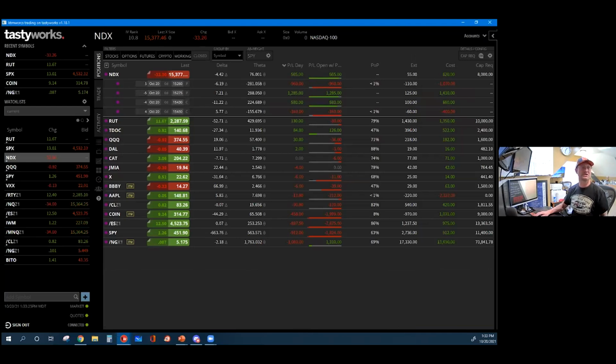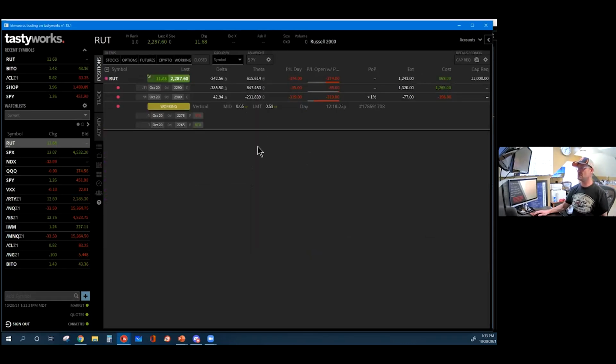Now, I wanted to show you something on the 0 DTE Russell trade. And we don't usually look at these as a group, rolling them and the numbers that go along with that.